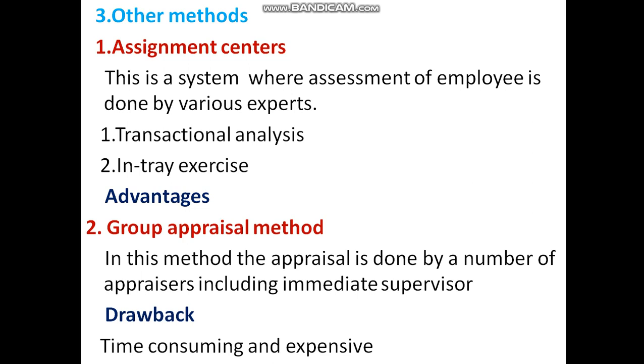All candidates get an equal opportunity to prove their abilities because all are given the same business-related scenario.